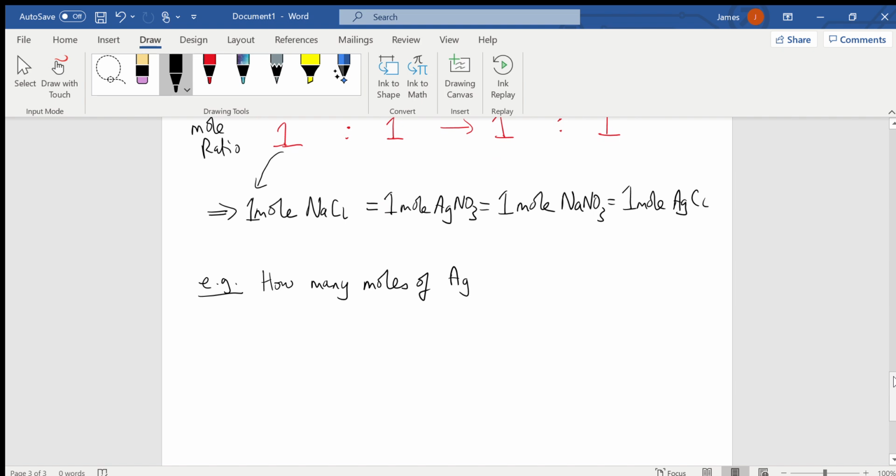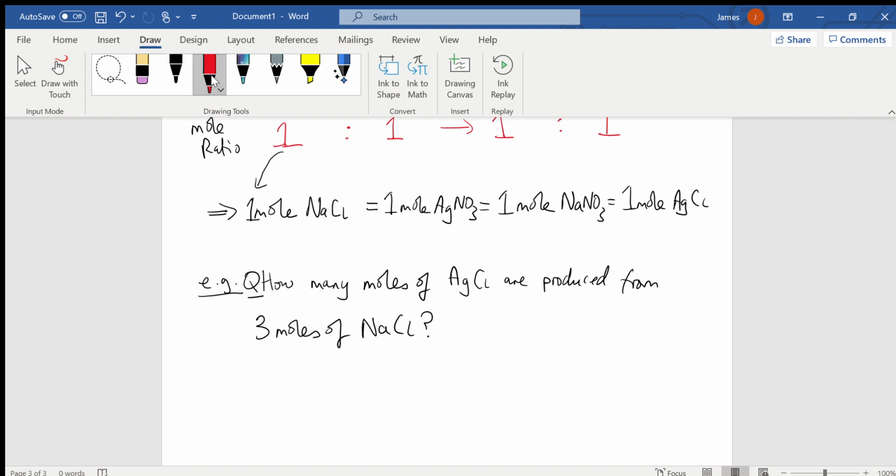All right, how many moles of AgCl are produced from 3 moles of NaCl? So that's our question. Let's do our answer in red.